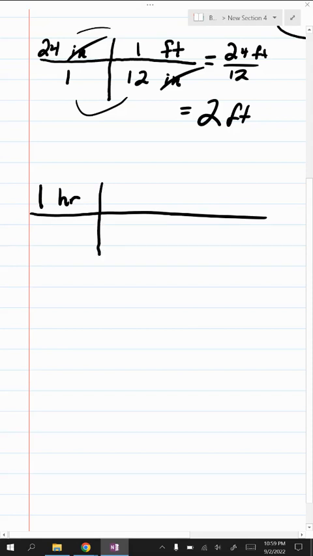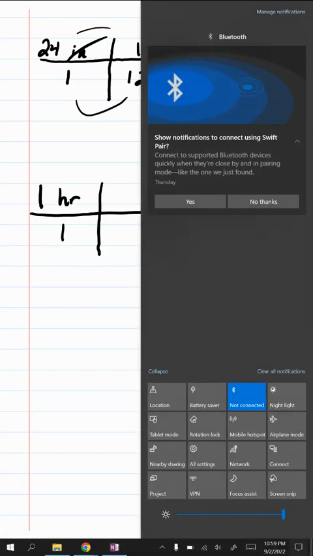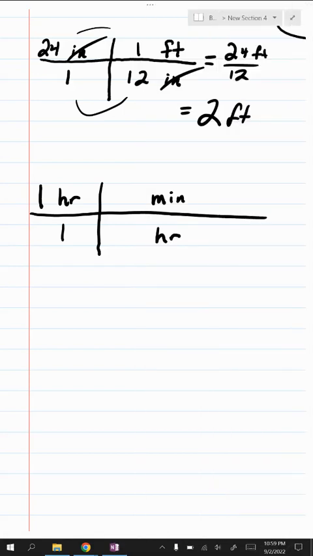In 1 hour, I know that there are 60 minutes. So I want to go to minutes. I would put minutes on the numerator or on top, and I would put hours on bottom. Hours are going to cancel, and my conversion factor is this. I have 60 minutes per 1 hour.